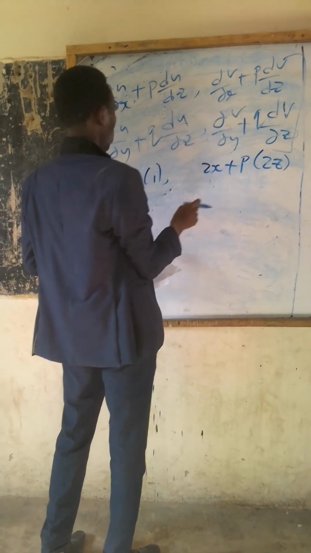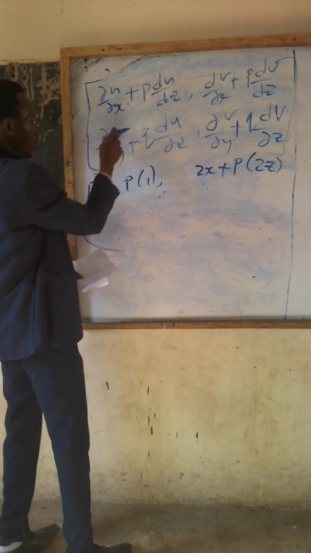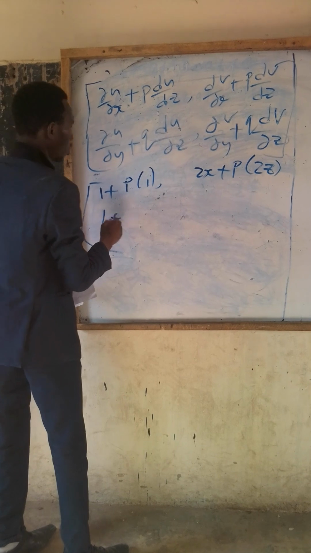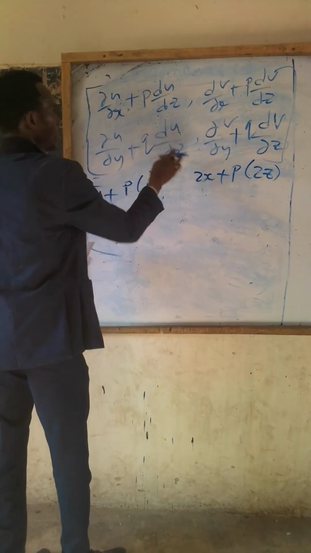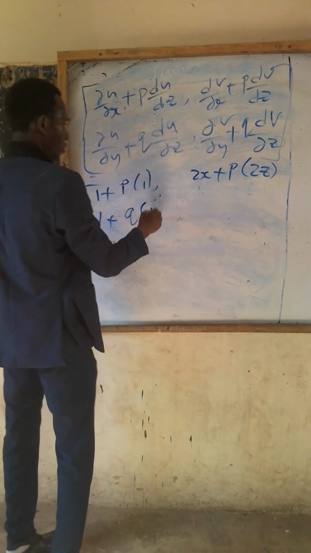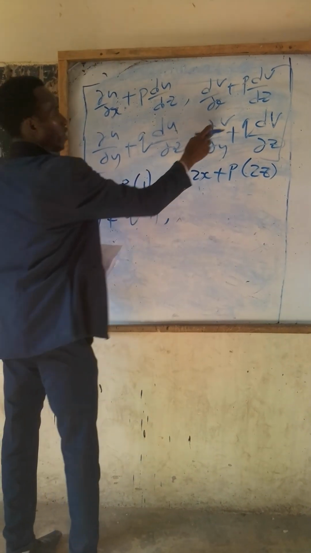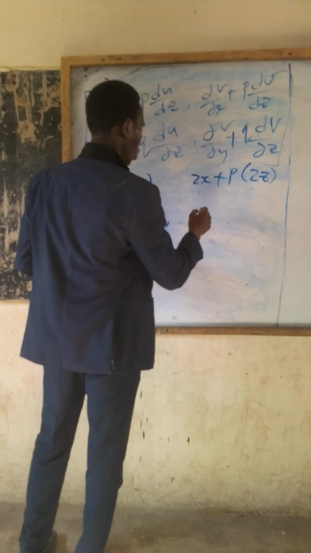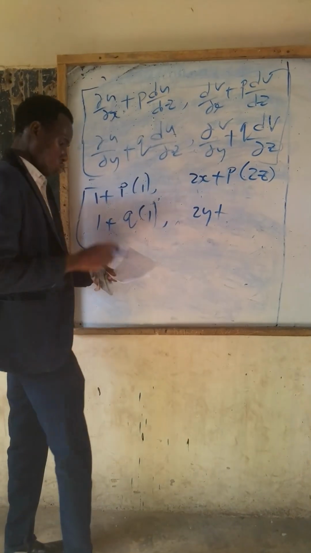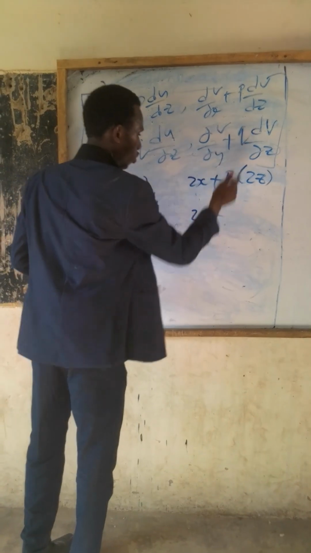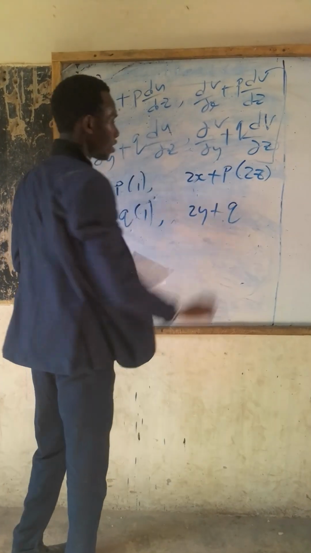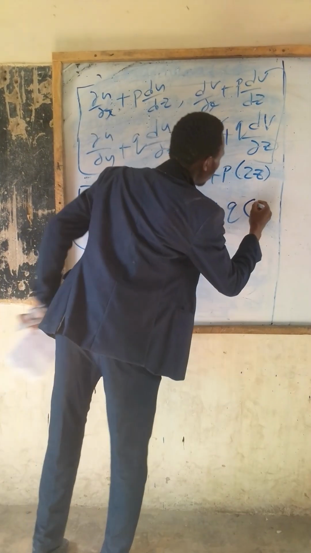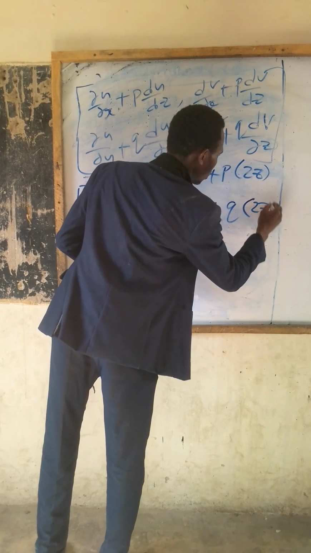Now, what next? We have u·y, when we solve it, we got 1, plus q·u·z, which we got as 1, comma. v·y, when we solve it, we got as 2y, plus 1 plus q·v·z, which we got as 2z.